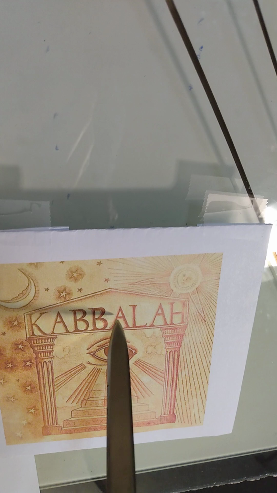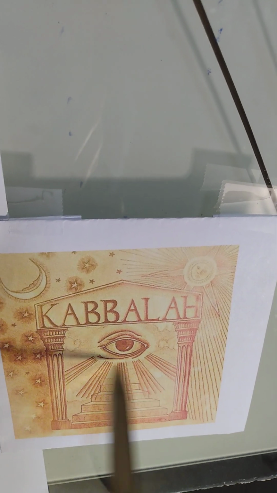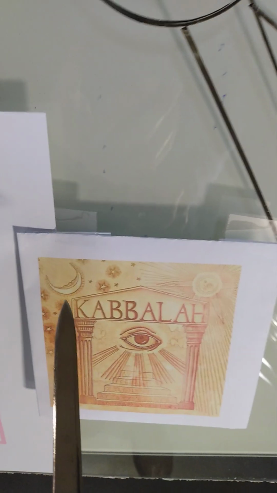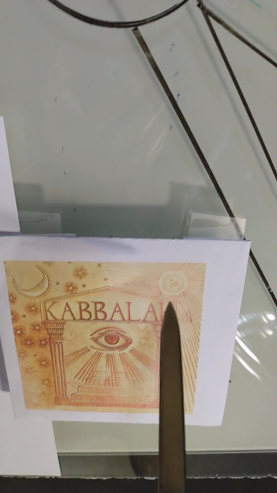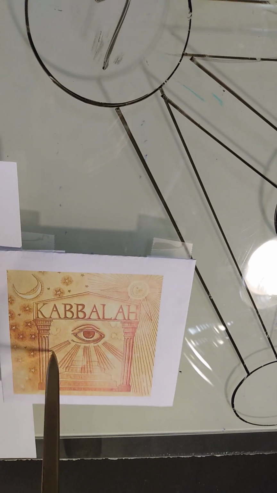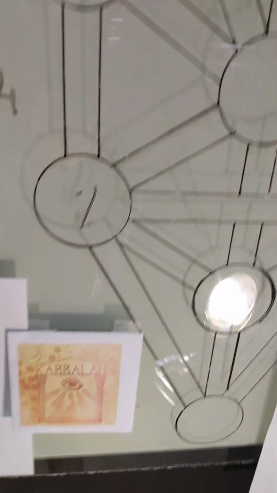And then you have Abba, which is the father, represented by the circle and the Vesica Pisces. And then you would also have father represented by the circle and the moon, which we can see is your A and B. And there is also 11 hidden here, but the 2 pillars would be 11, and that would be the beginning of magic.